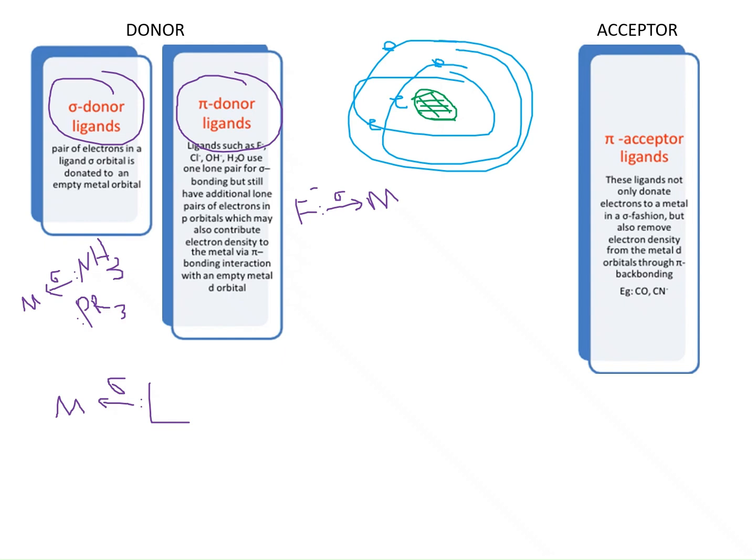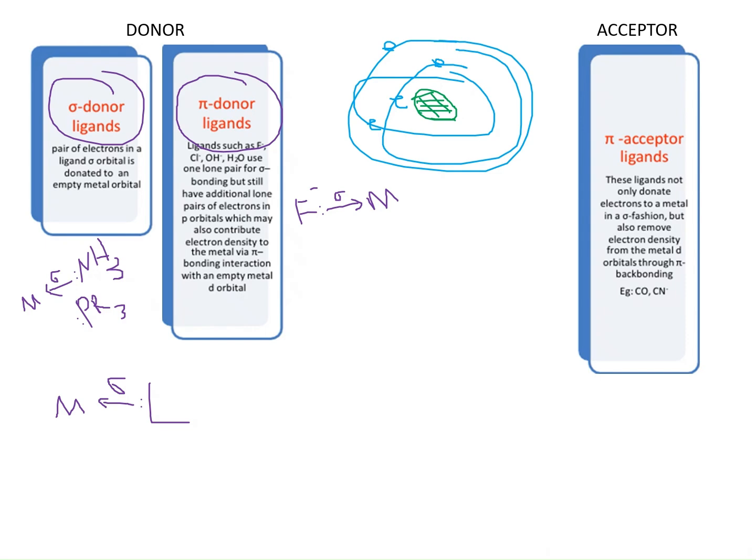Whereas a species that accepts electrons is an electron-poor species. They are usually positively charged. If they are a metal ion, they are a high oxidation state metal ion. They don't really have a lot of electrons to be donated.